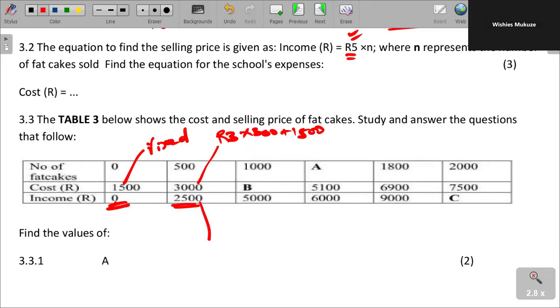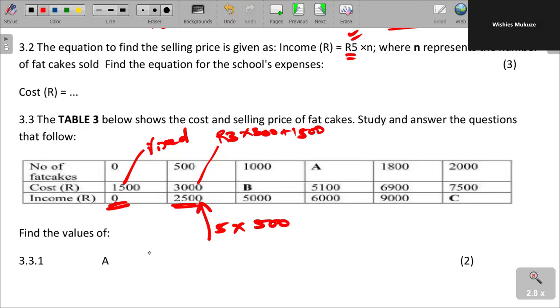The income is also 5 multiplied by the number of fat cakes, 5 multiplied by 500, and then we get 2,500.